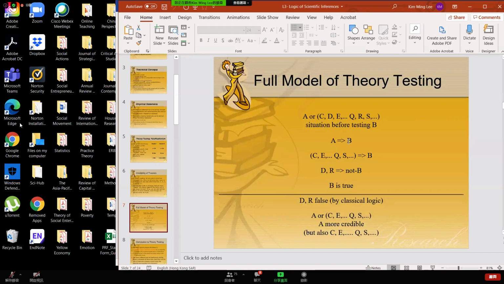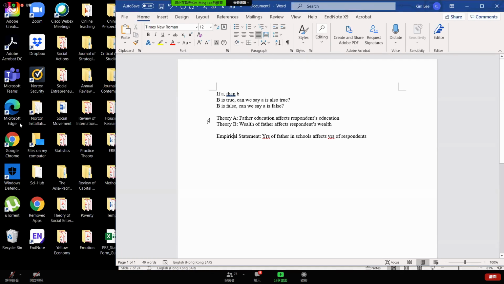But we notice that there may be other theories implying the same empirical statement B. Here, the empirical statement is that years of education of father in school affect years of education of the respondent. Theory A, which we want to test, is that father's education affects respondent's education.